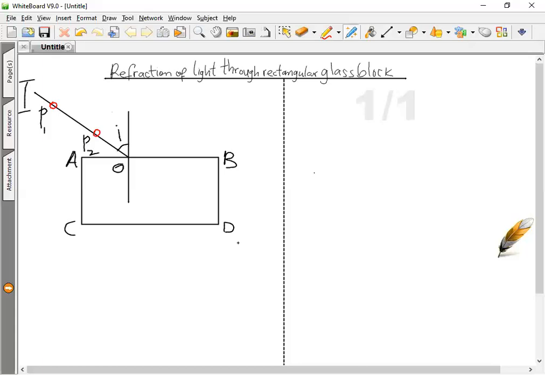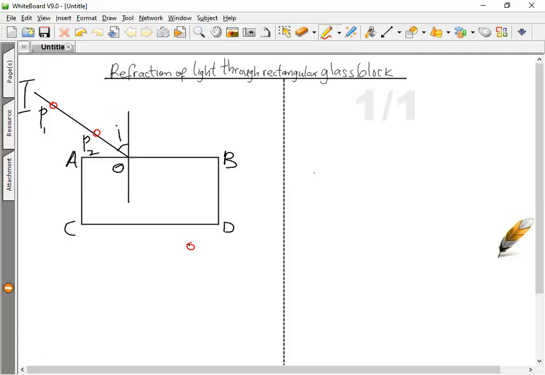Now, when you get that, you fix your third pin. Let's say you fix your third pin at a point here, P3.